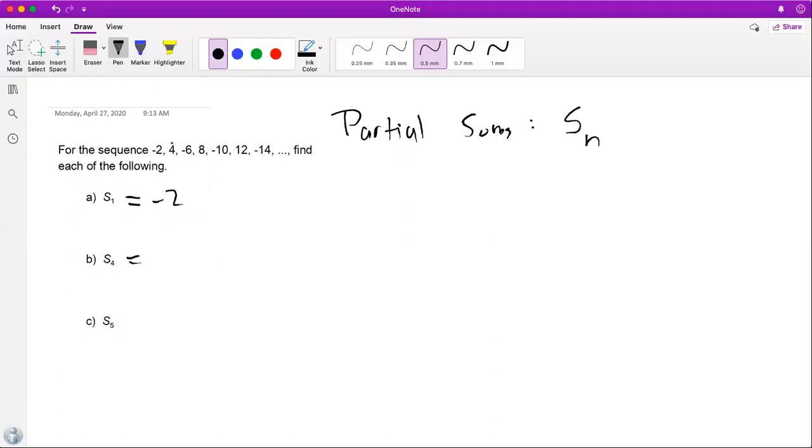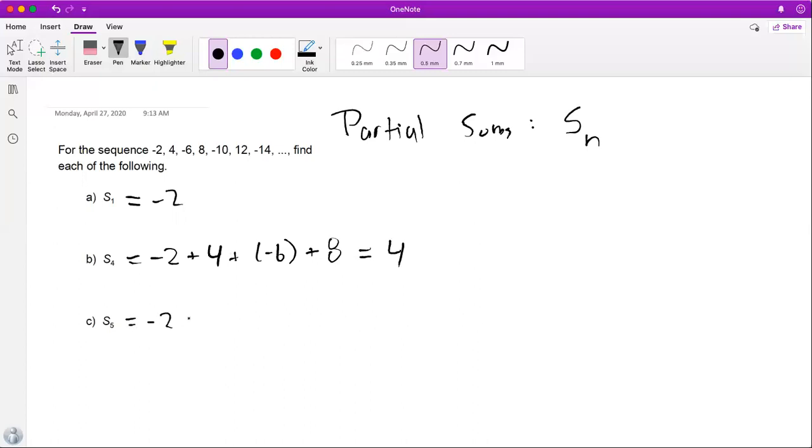S4 is the sum of the first four terms, -2 plus 4 plus -6 plus 8. And the fact that there's pluses in between these tells me that it's a series and not a sequence. So maybe -2 plus 4 is 2, and -6 plus 8 is also 2. So when I add these all together, I get 4.